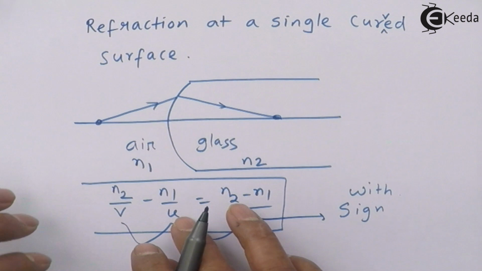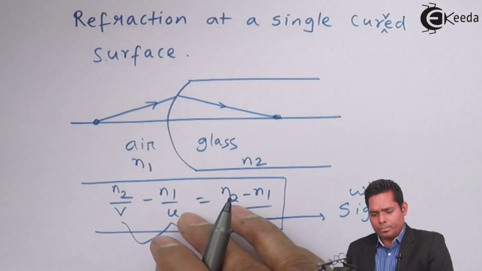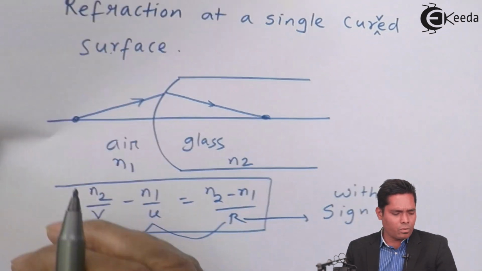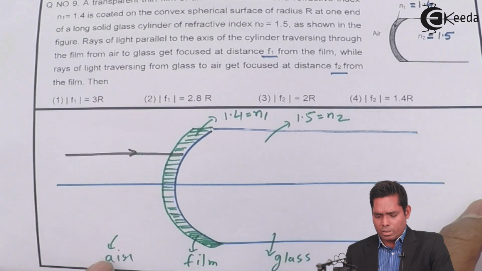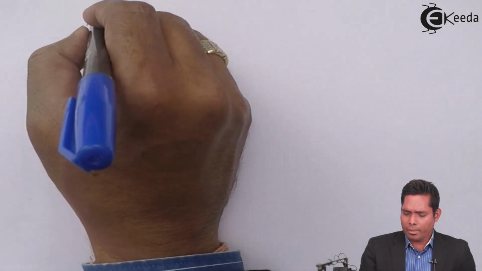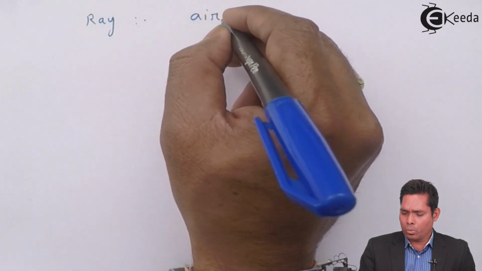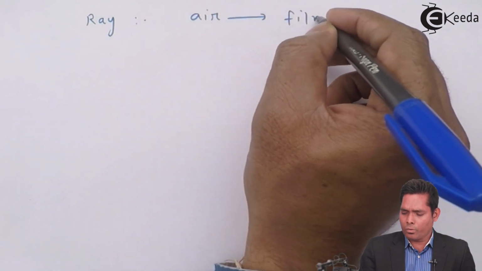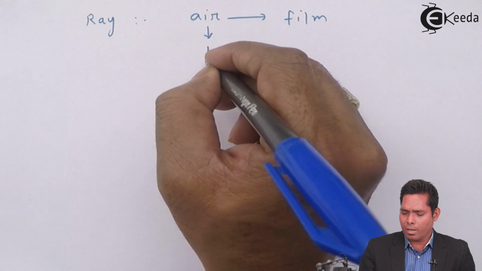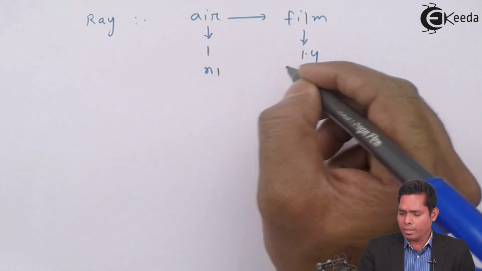So if I apply this formula to this situation, what will happen? My situation is air to film. The ray I am considering is traveling from air to the film, where the refractive index is 1 here and 1.4 here. So for me this is n1 and this is n2.